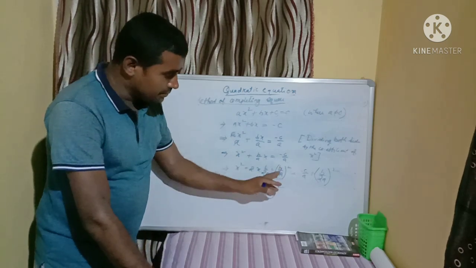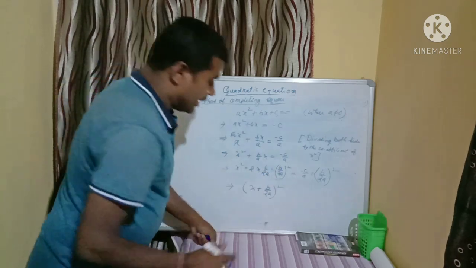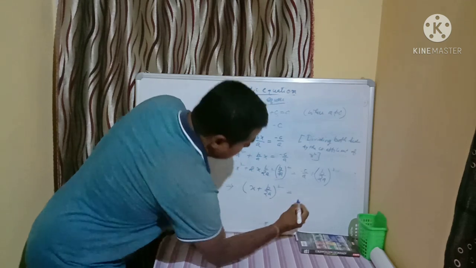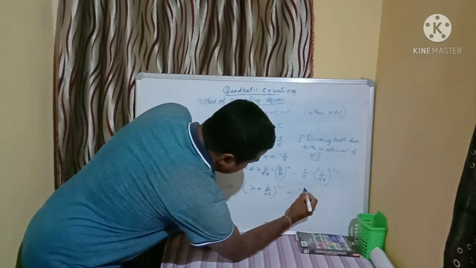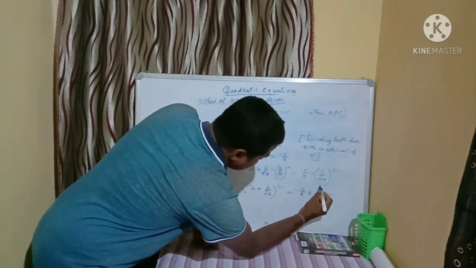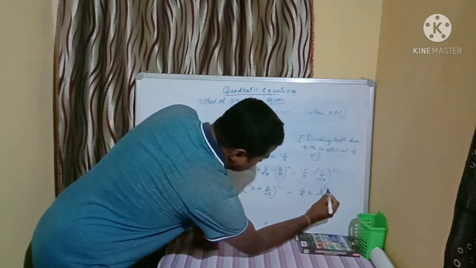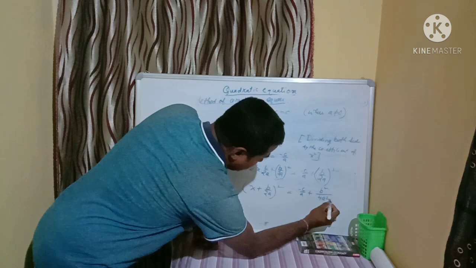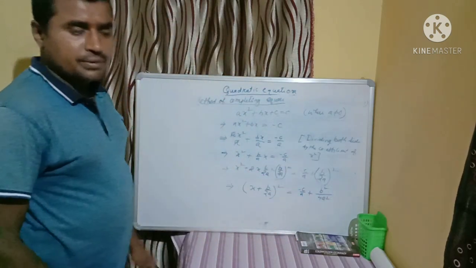Here a means x, b means b by twice a. And on the right side you see here it is minus c by a, and splitting this square we get b square by 4a square.